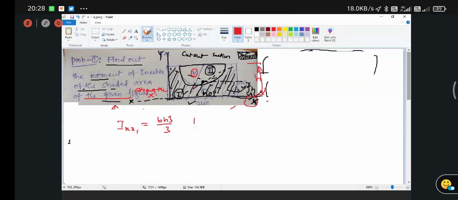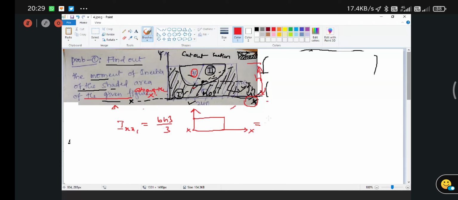Because this is for the larger rectangle. So from this larger rectangle, about this base axis, I know that the moment of inertia is BH cube by 3. So this value I got, the moment of inertia Ixx about the base axis.